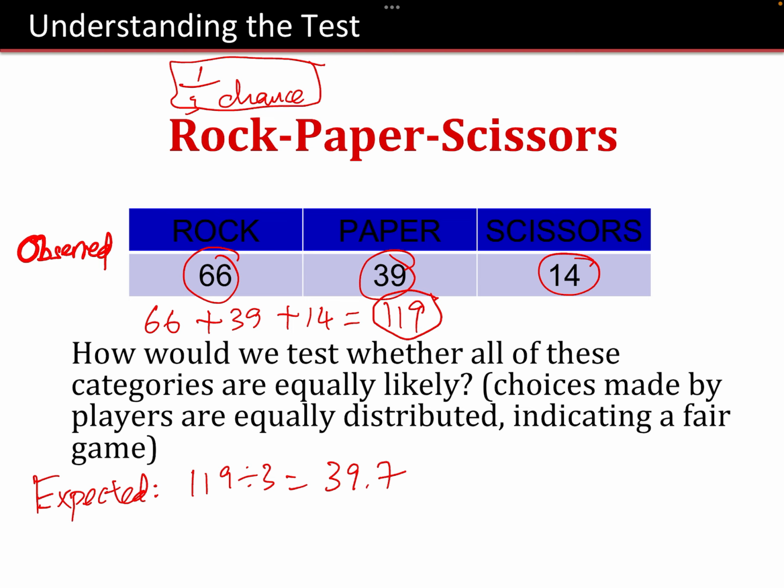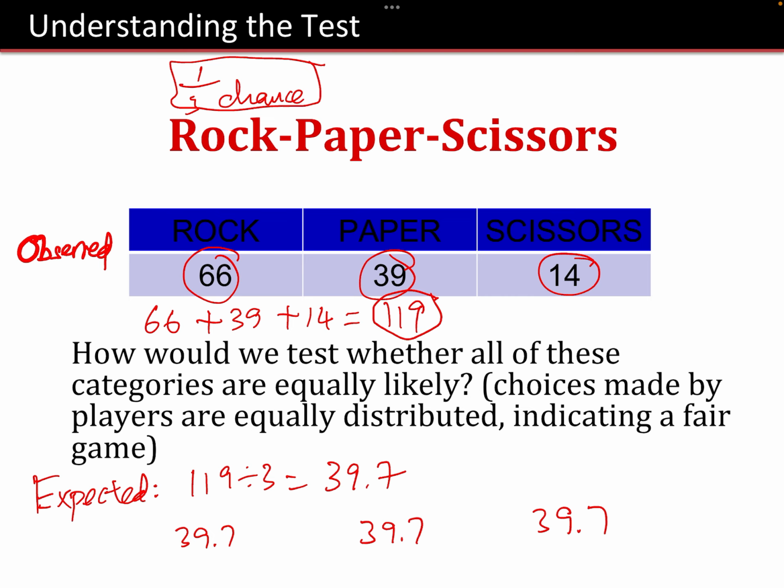Of course, we're not going to get a nice whole number, but we're looking at approximately 39 to 40 of each of the outcomes. So the expected outcomes would be about 39.7 rocks, 39.7 papers, 39.7 scissors, so approximately 40 rocks, 40 papers, 40 scissors.